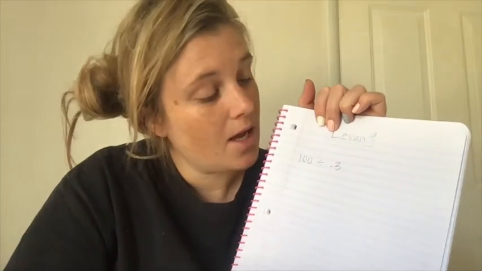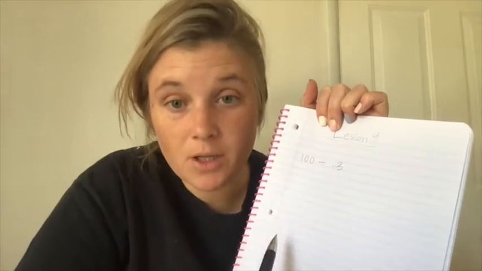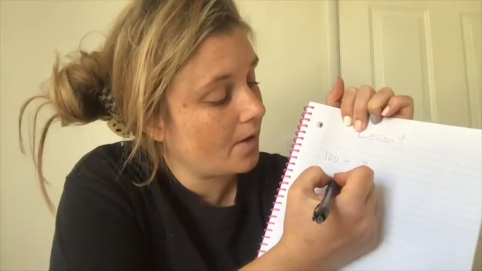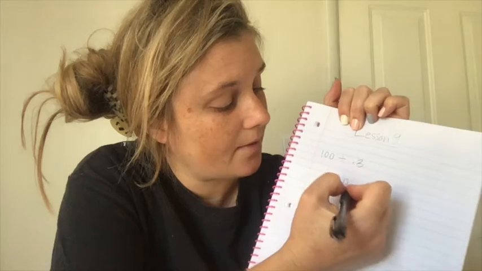Okay. All right. Do you remember in lesson 7 how if we had 100 divided by 0.3, and when you're dividing by a decimal, what do you have to do?